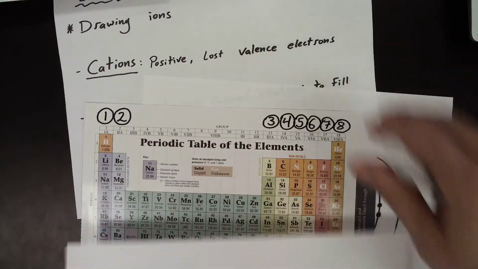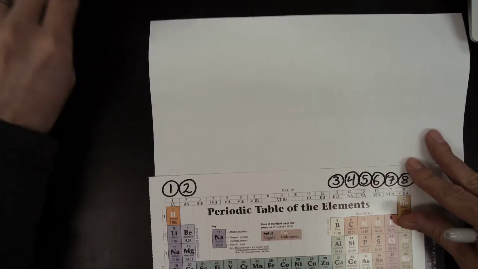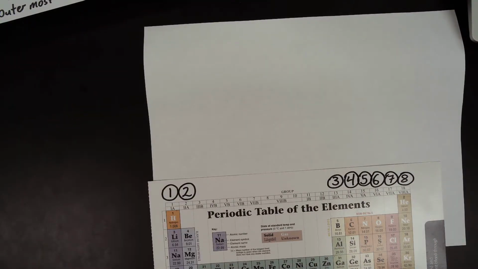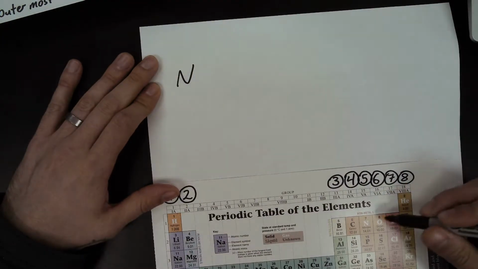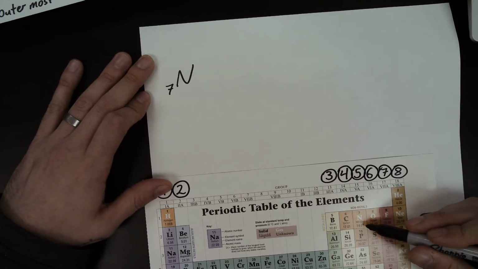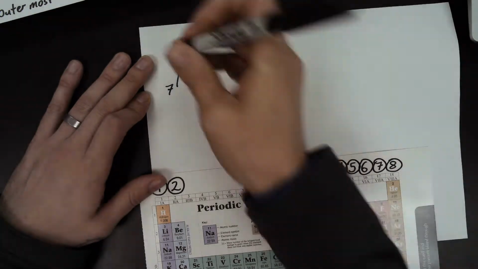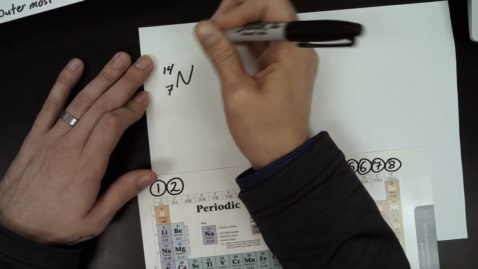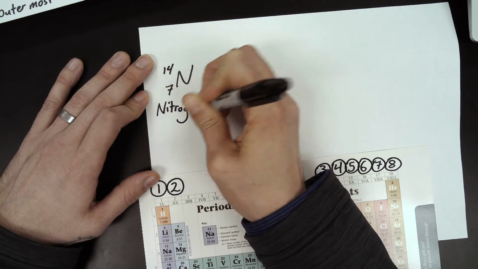Let's start off with an isotope symbol here, so I need my atomic symbol, my atomic number, and a whole number mass. 14.01 is the average atomic mass. I'm just going to round to 14. So this is nitrogen, 14.